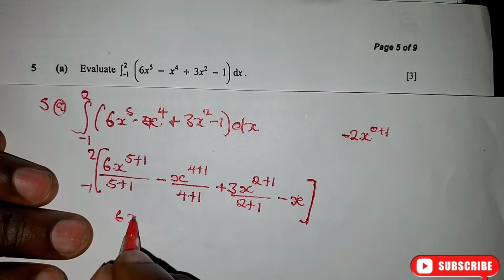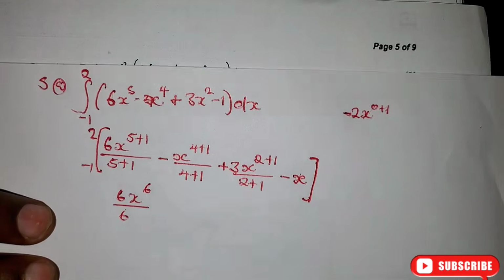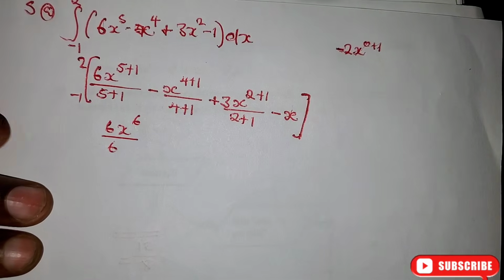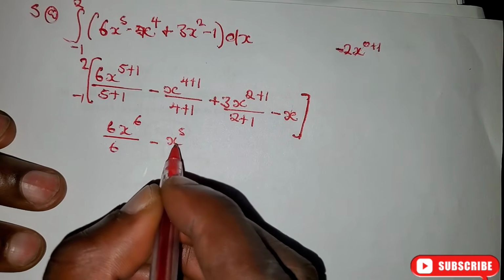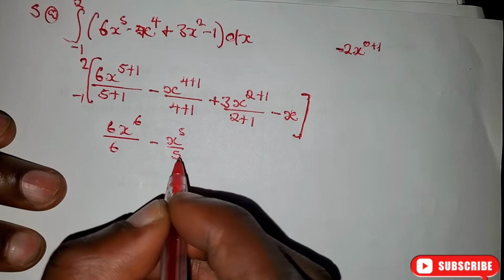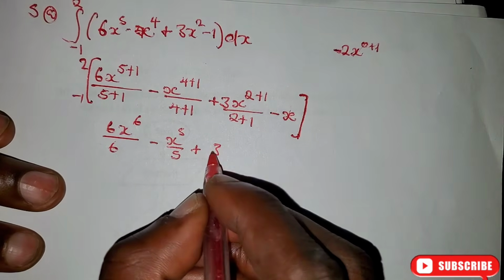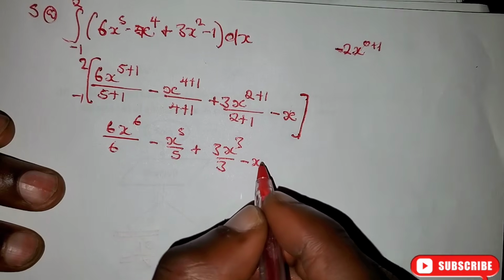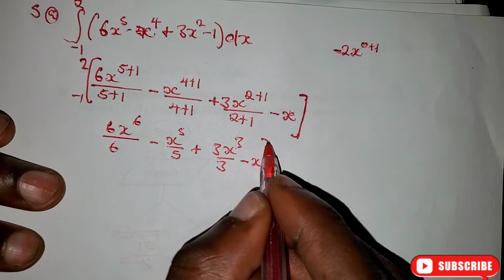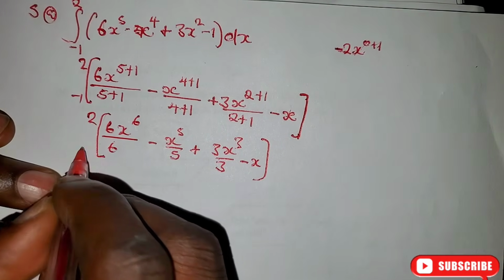It will be 6x to the power 6 over 6, when you add 5 plus 1, minus x to the power 5 over 5, plus 3x to the power 3 over 3, minus x, with limits 2 and negative 1.